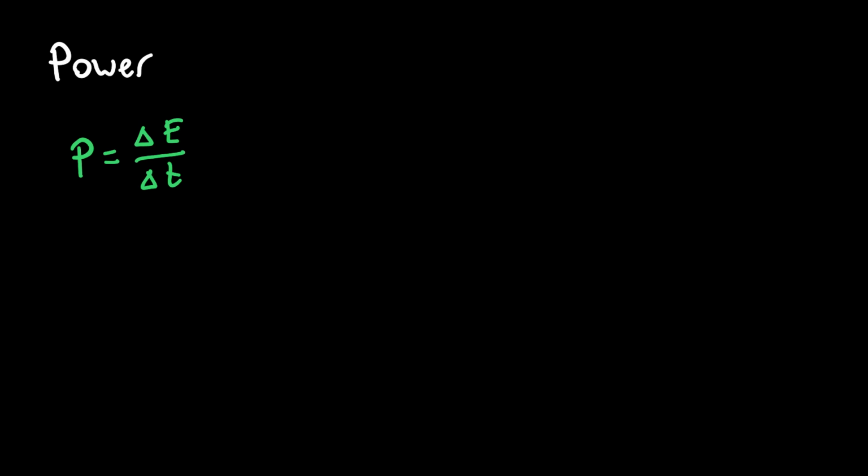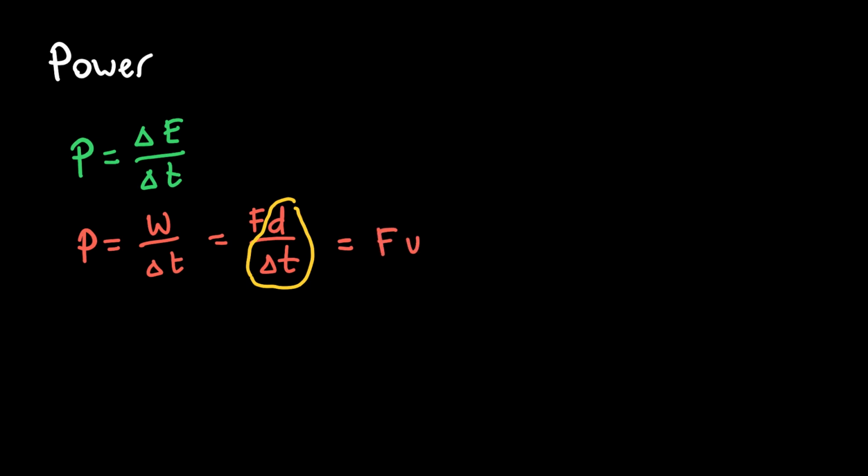Another way of writing this is power is equal to work divided by time. And if we know that work is equal to force times distance, then we could also write F times D divided by delta T. And here, if we recognize that D divided by delta T is distance divided by time, which is the same thing as velocity, then we can continue by writing this as force times velocity.